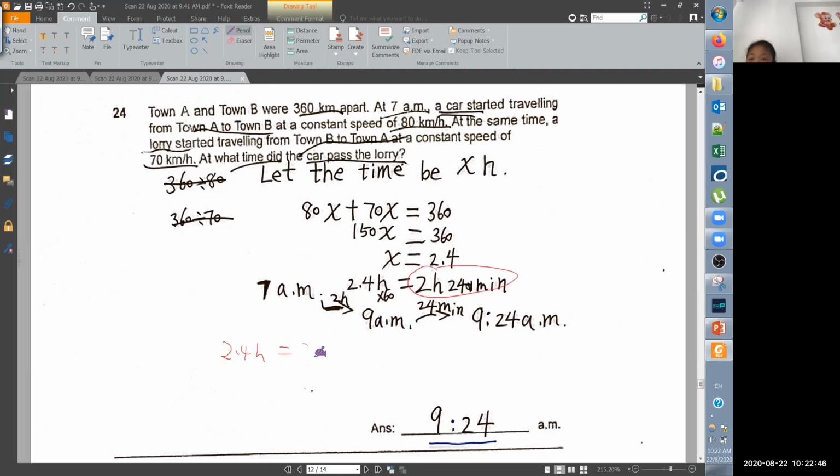So basically you do it this way, 2 hour plus 0.4 hour. So you know that this is 0.4 hour. 0.4 hour is 0.4 times 60, which is 24 minutes, right? So therefore, you write back 2 hour and 24 minutes.